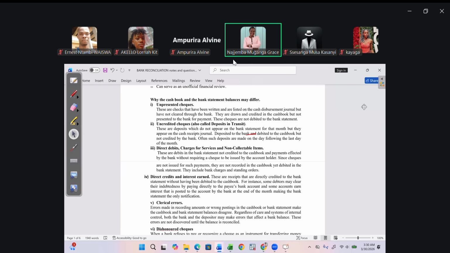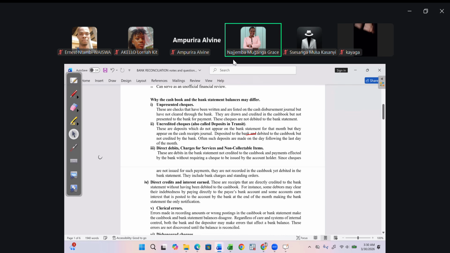Or why the cash and bank balance may differ? Because we said we have two different people recording similar transactions. Literally, this means that the balances should be the same, but it's never the case. Why? Before we dig deep into this, we need to know the rules.